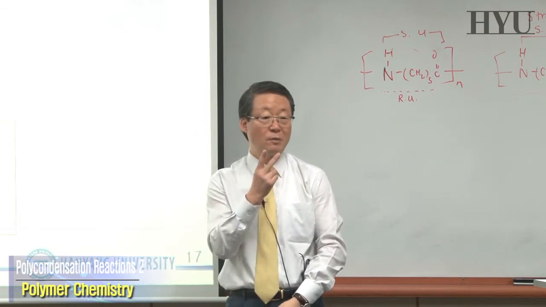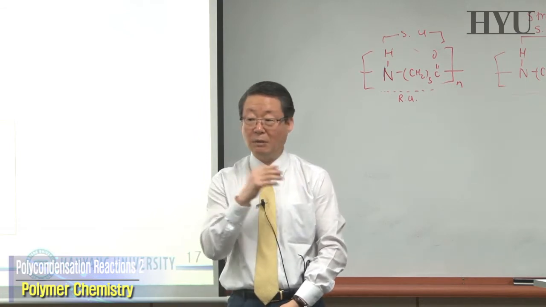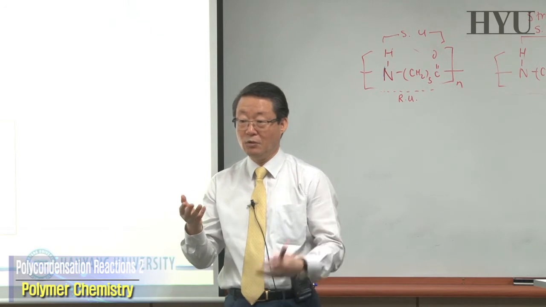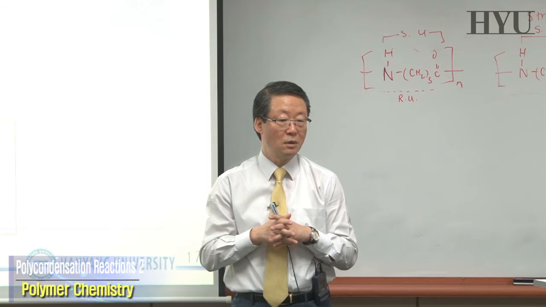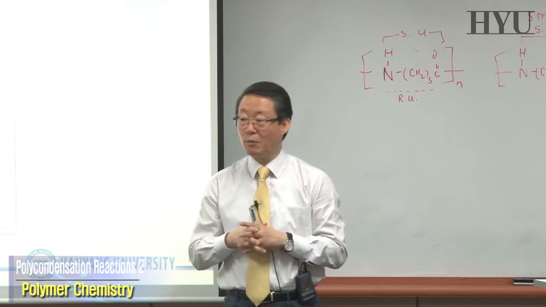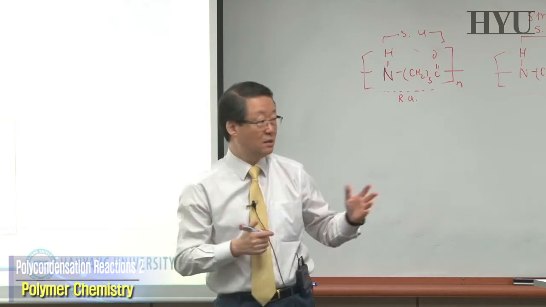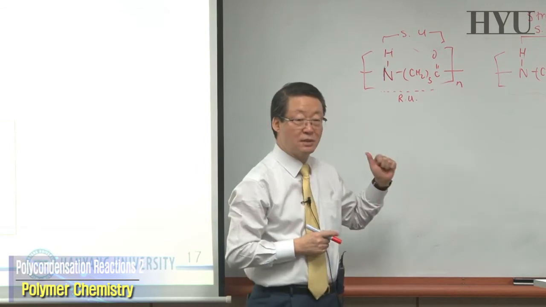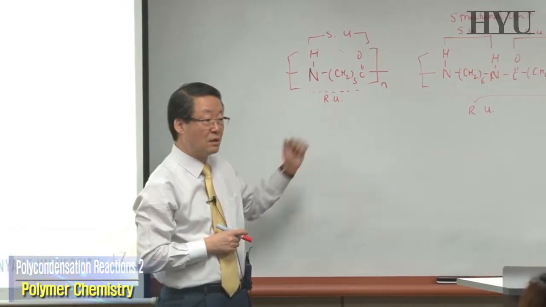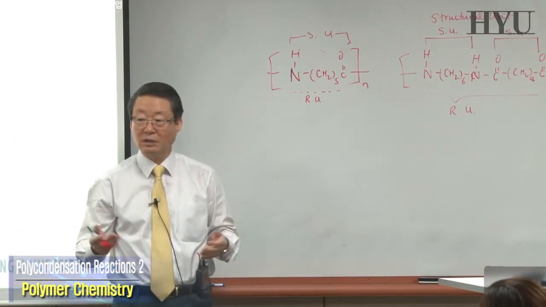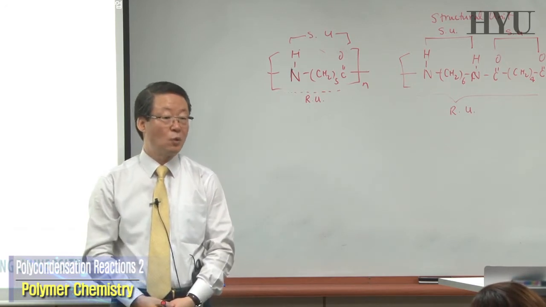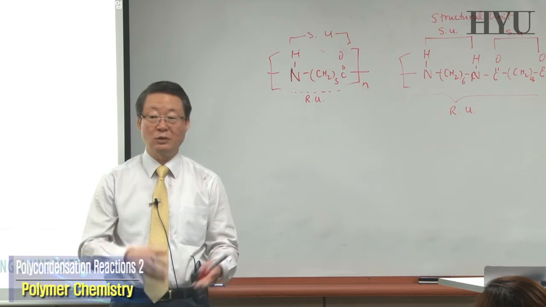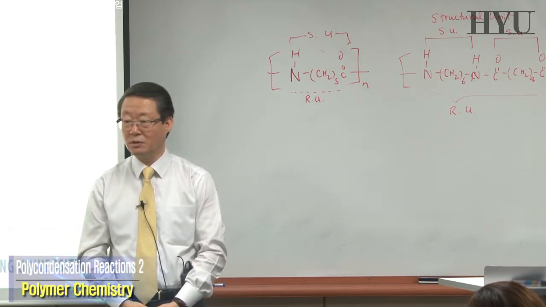But if you have two monomers, AA and BB type, then you have two structural units in one repeating unit. If you have an AB type of monomer, just like in the case of amino acid or in the case of caprolactam, caprolactone, stuff like that, then you have one structural unit and one repeating unit, and the repeating unit is the same as the structural unit.